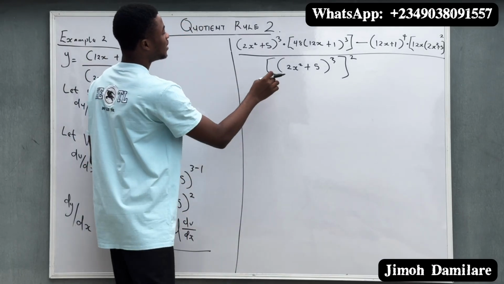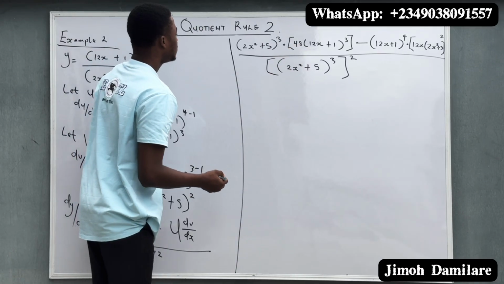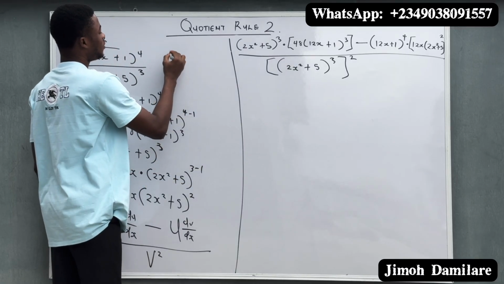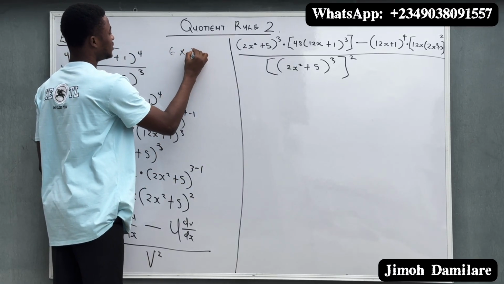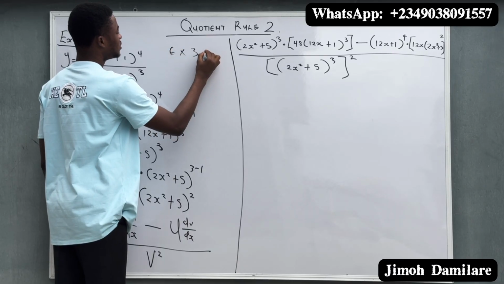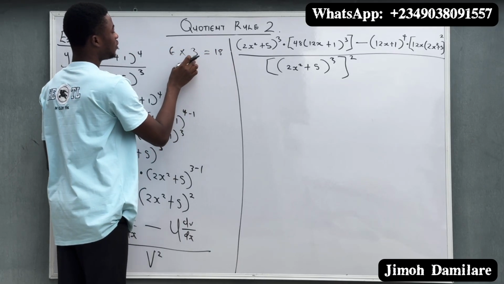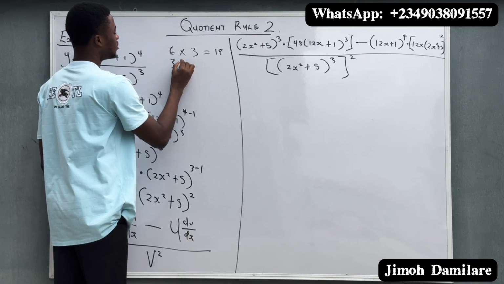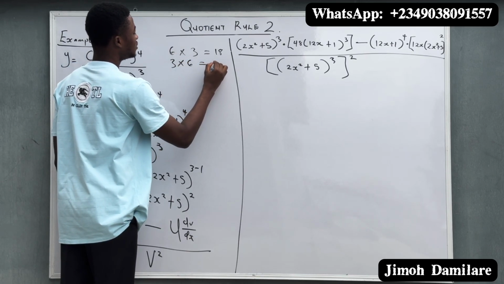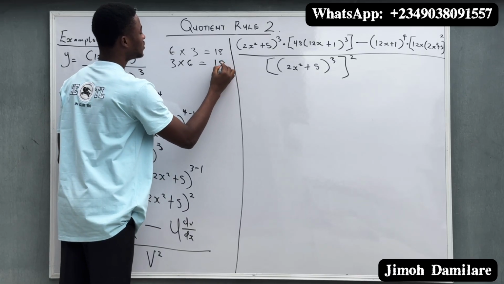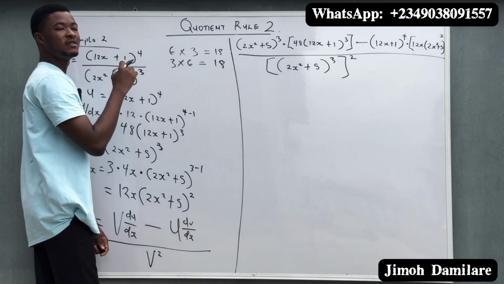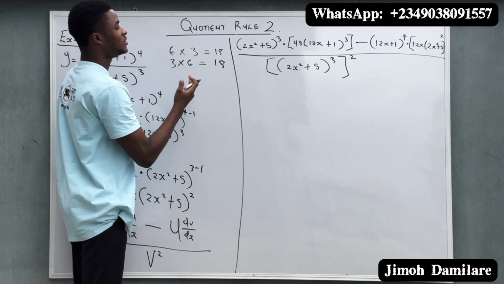So in doing this, we can rewrite this. Multiplication is commutative in the sense that if you have something like 6 multiplied by 3, this is going to give us 18. And you can also rewrite this as 3 multiplied by 6, which is also giving 18. So the meaning of commutative is just that you can arrange it in different positions and you are still going to get the same answer.